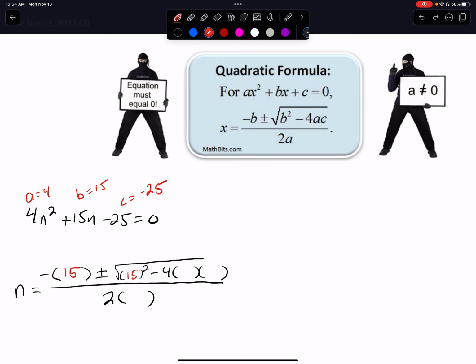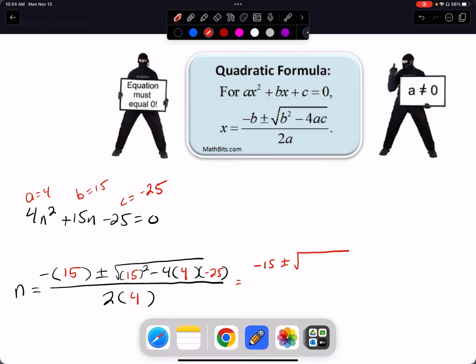So a is 4, and c is negative 25, all divided by 2 times 4, which is 8. Before you throw this into your calculator, just deal with the discriminant underneath. So I've got negative 15 plus or minus whatever this thing is underneath. Just do that directly in your calculator.